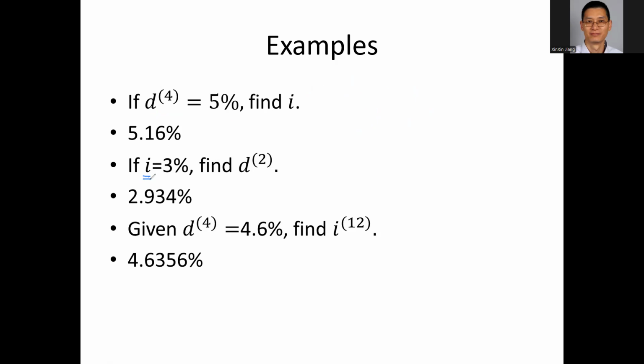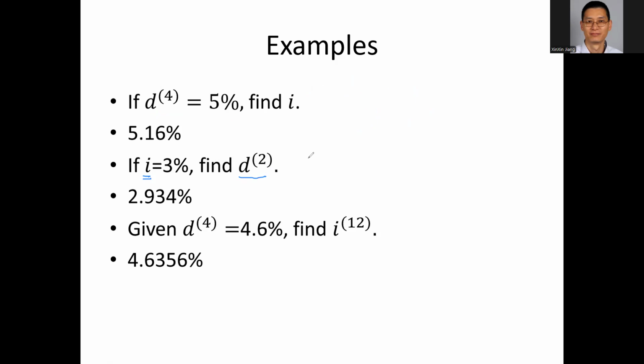All right, so this i again is the effective annual rate. We have a nominal discount rate compounded 2 times a year, so it's semi-annually. We use the half-year effective rates as the bridge.